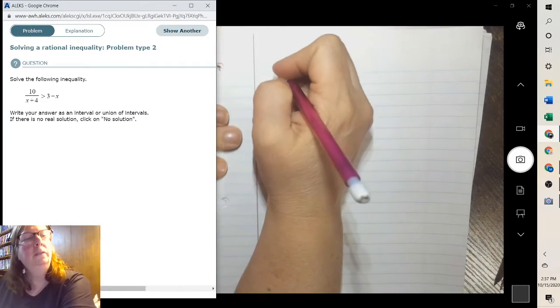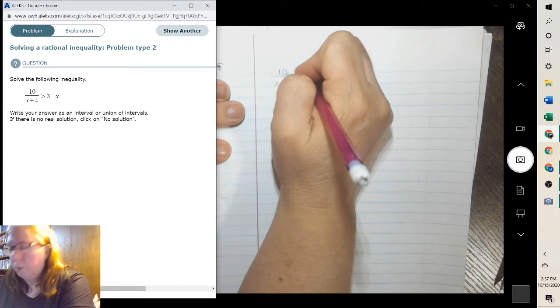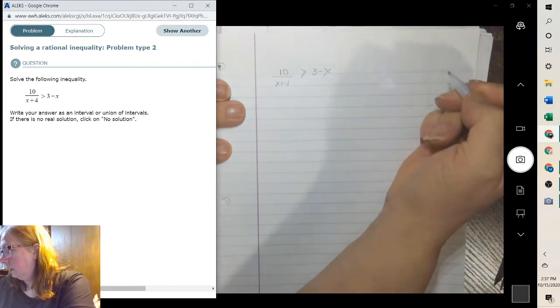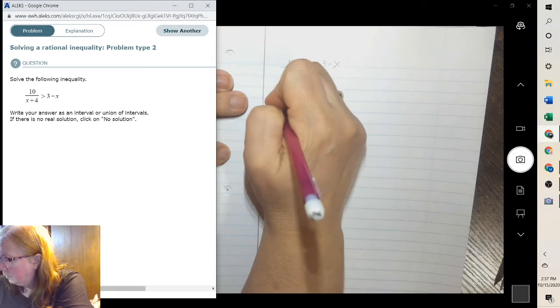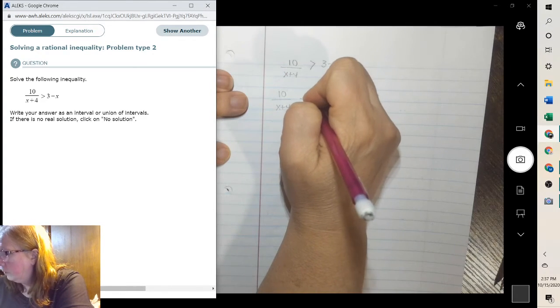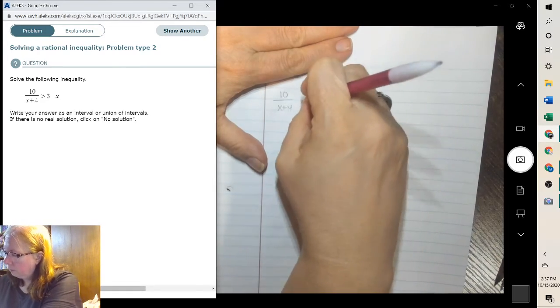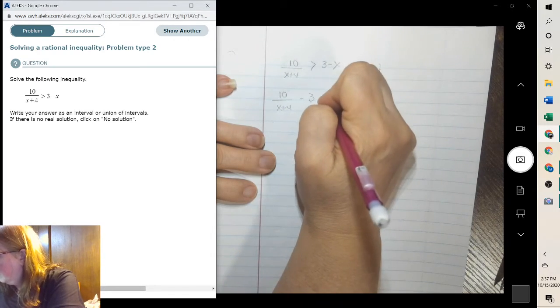Okay, so we have 10 over x plus 4 greater than 3 minus x. Get it set equal to 0. So we have a minus 3 and a plus x.